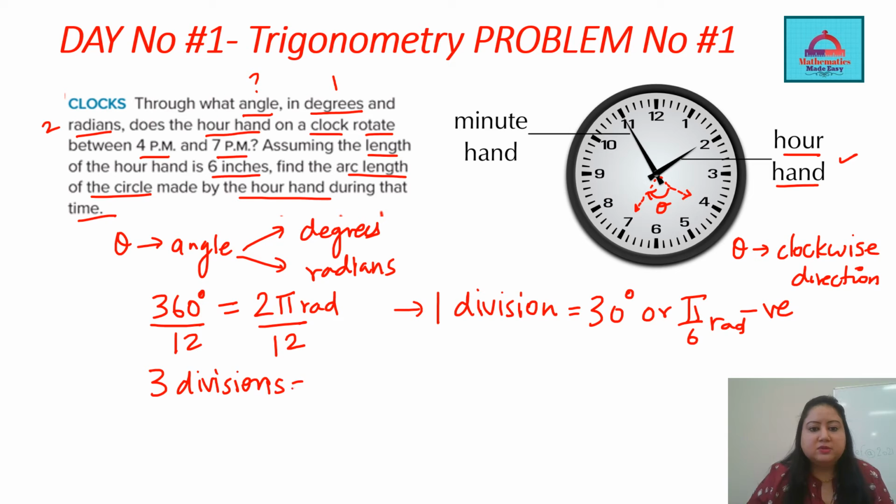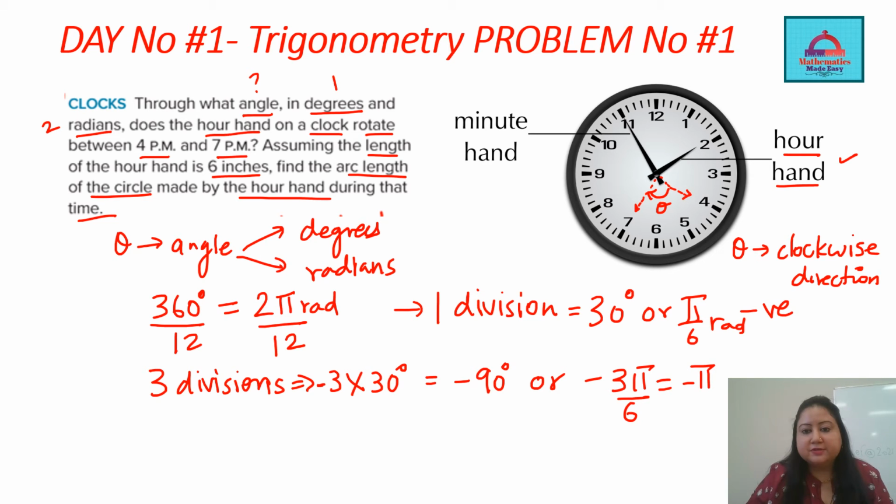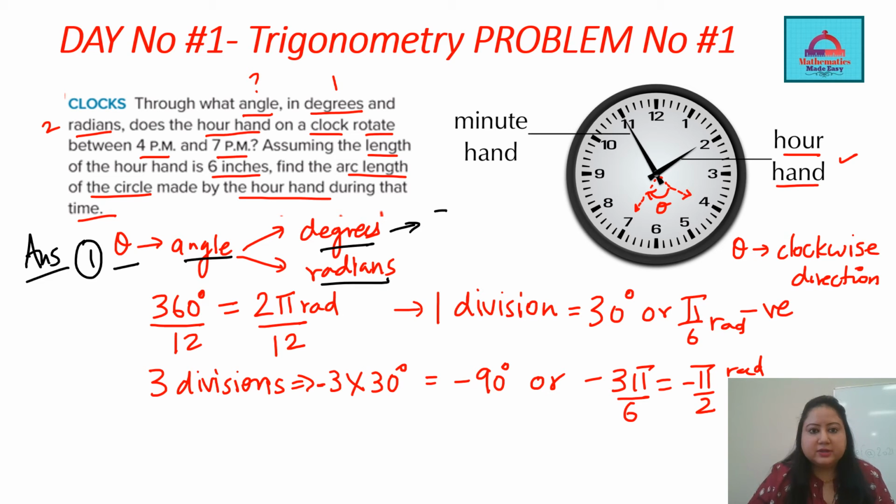So 3 divisions is 3 multiplied by 30, and the sign is negative, so negative 90 degrees, or negative 3 multiplied by pi by 6, so this is negative pi by 2 radians. That completes our first part of the question: in degrees it is negative 90, and in radians it is negative pi by 2.